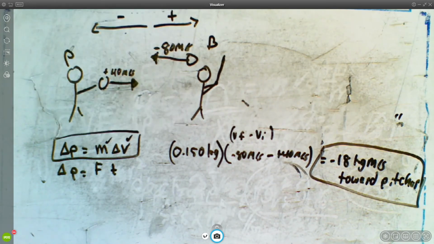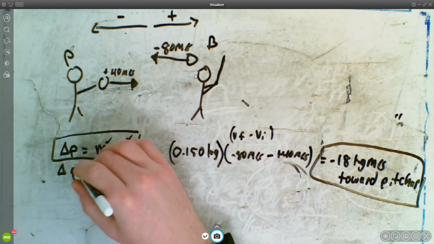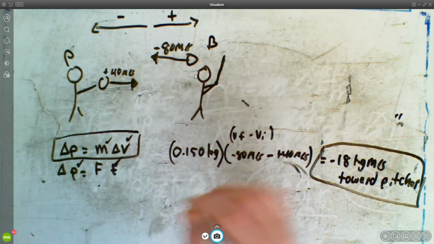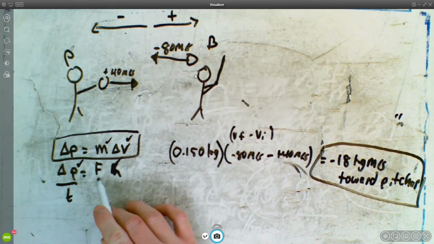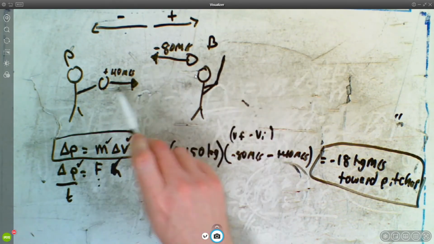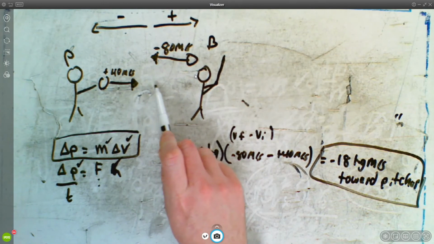Okay, so the second part of the question is asking the average force delivered by the bat to the ball. So if we want to find force, what we have to do is use this. Now that we know impulse and we know time, we can move that time underneath there. We can find the force because the ball is going 40, going 40, going 40.